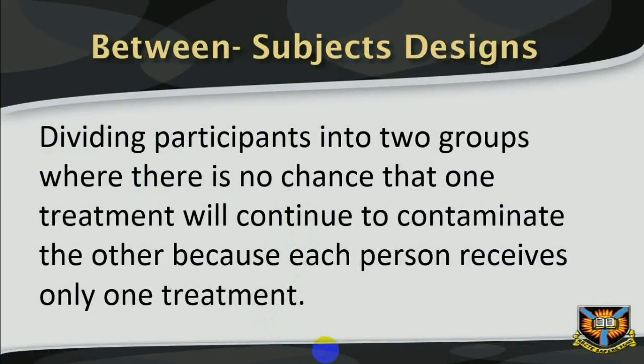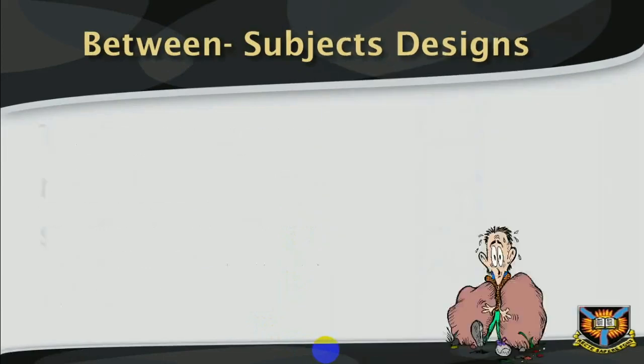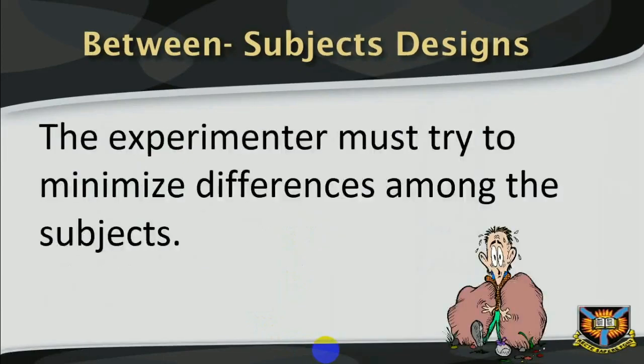One drawback, however, is that the between subject design must deal with differences among people, and this decreases its efficiency, that is, its ability to detect real differences between 1 and 5 repetitions of the memory items.